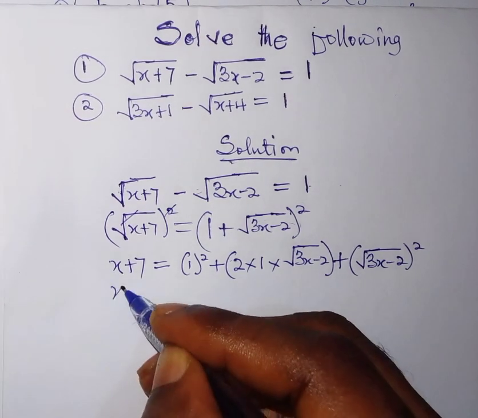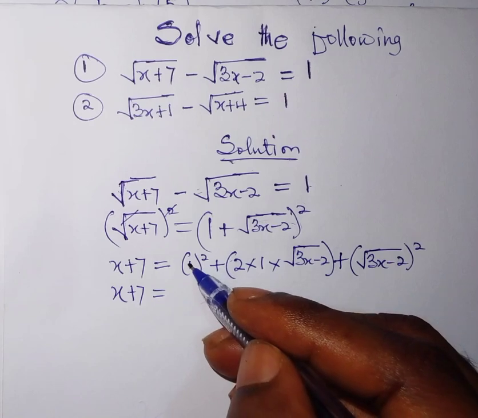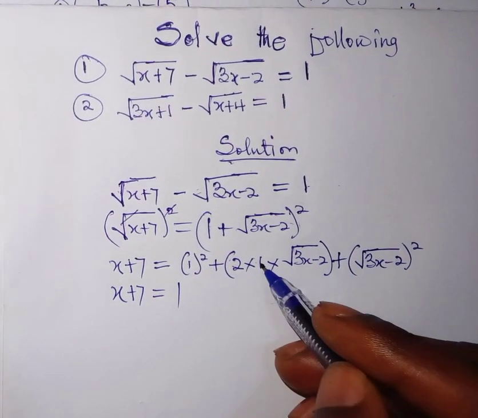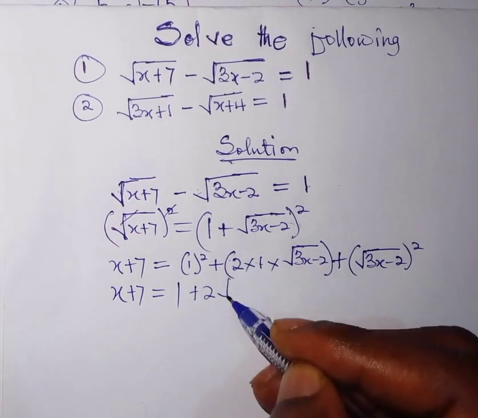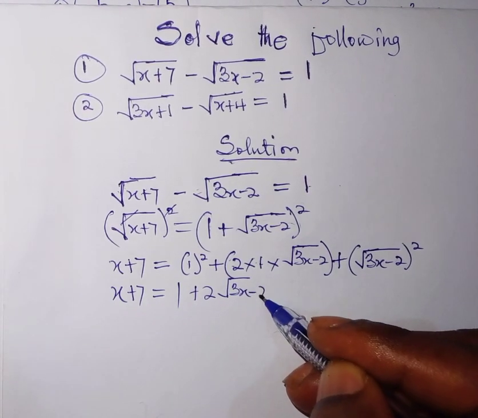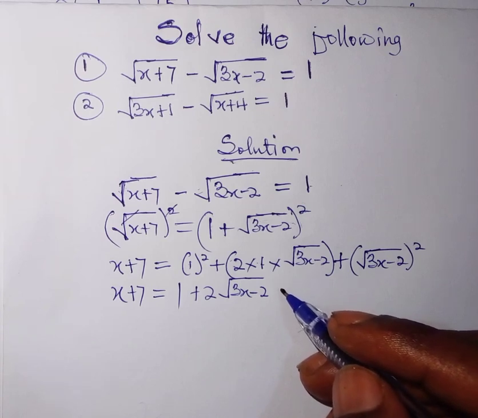Good. So that we have x plus 7, which is equal to, so 1 squared is 1. Now let's multiply this by this. So 2 times 1 gives me 2. 2 times this gives me what? 2 root 3x minus 2. Okay? Alright?